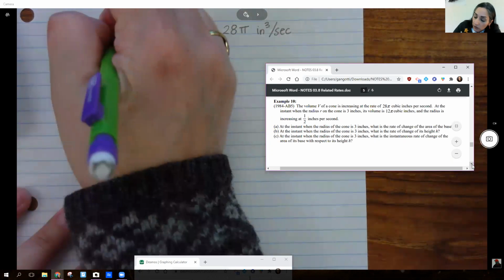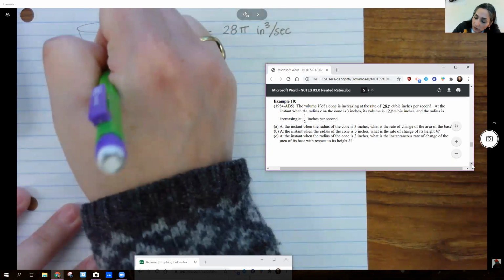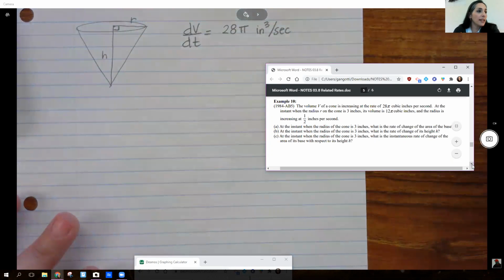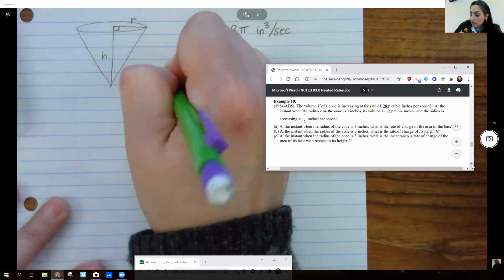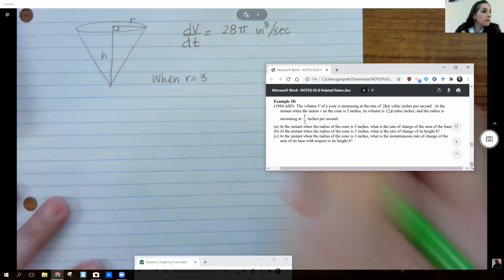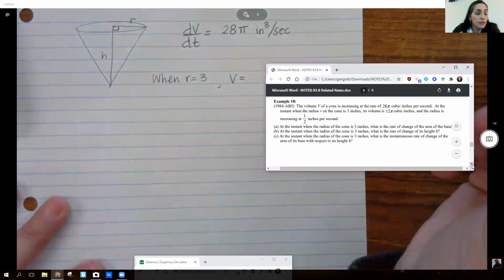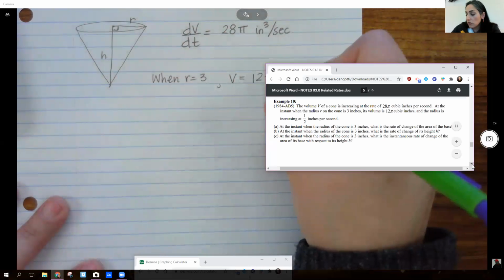All right, so here's the radius. Here's the height. At the instant when the radius of the cone is 3 inches, the volume is 12 pi cubic inches.